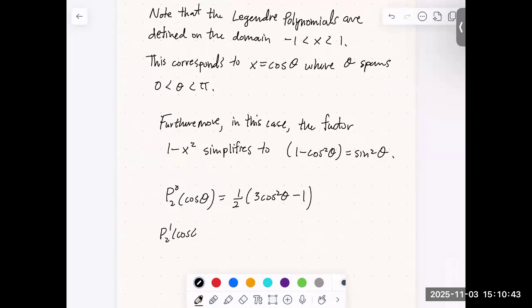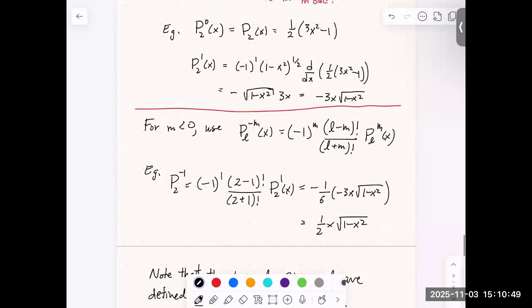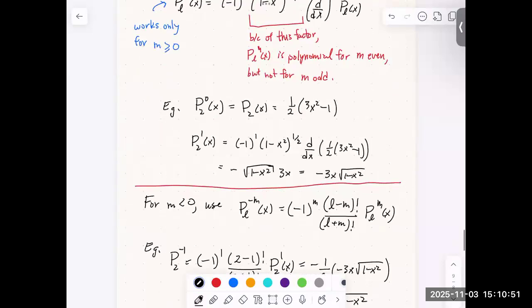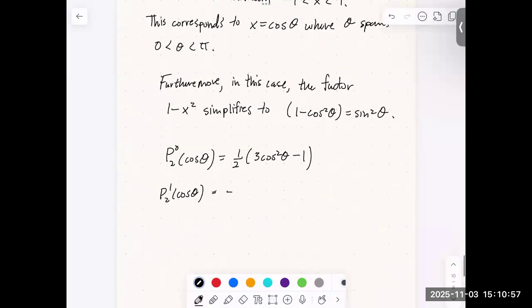One that's a little more interesting to look at is P21. So what did we have for P21? Here it is, minus 3x square root of 1 minus x squared. So it was minus 3x. So I put cos theta for x, square root of 1 minus x squared.